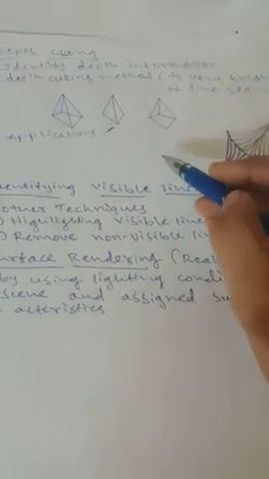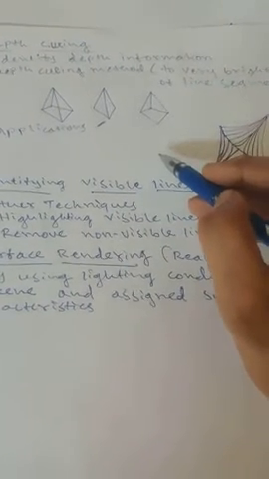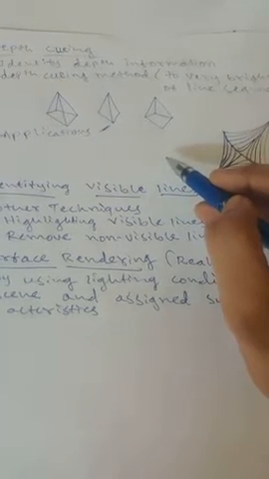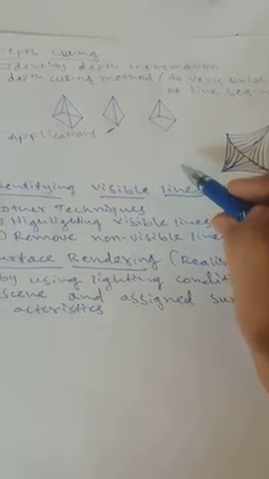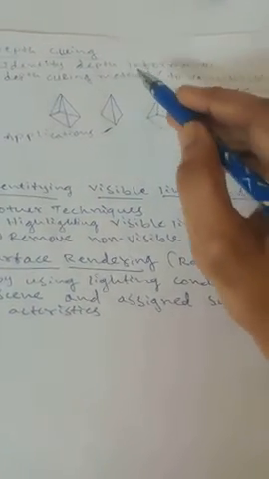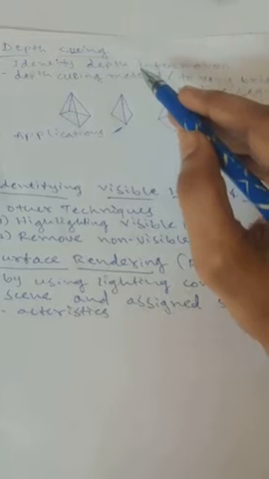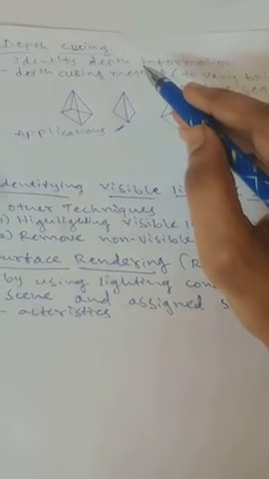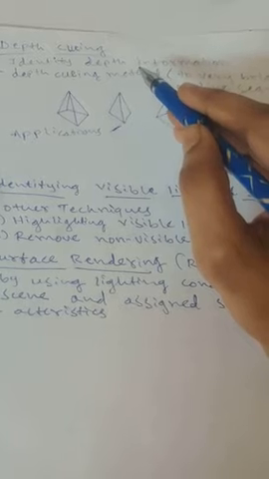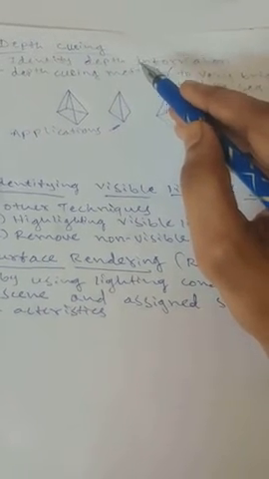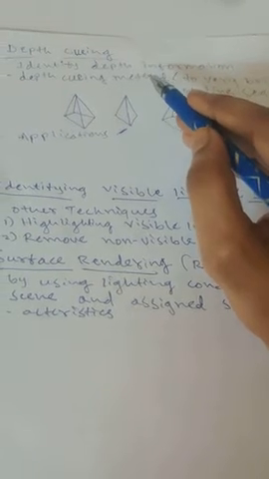There are different ways in which we can include depth information in a two-dimensional representation of a solid object. One such important method is depth cueing. It is a simple method for indicating depth with a wireframe display by varying the brightness of line segments according to their distances from the viewing position.